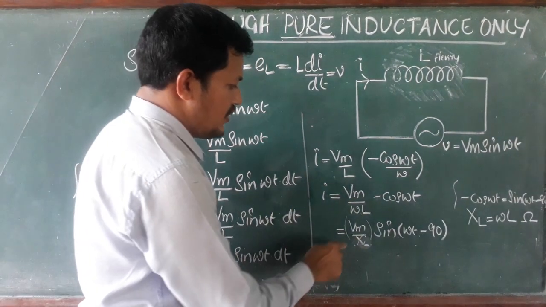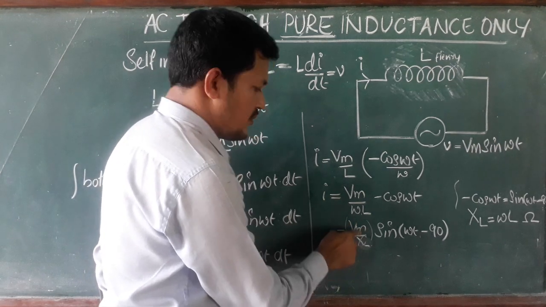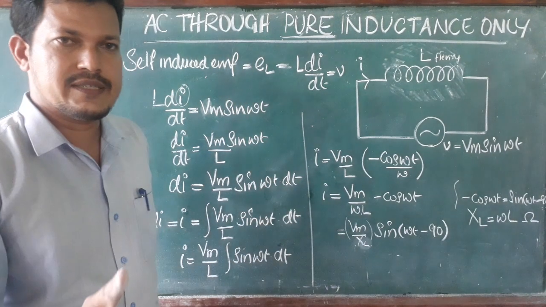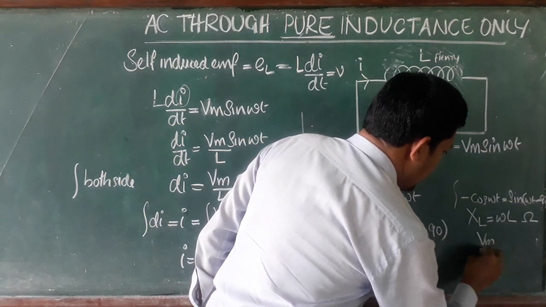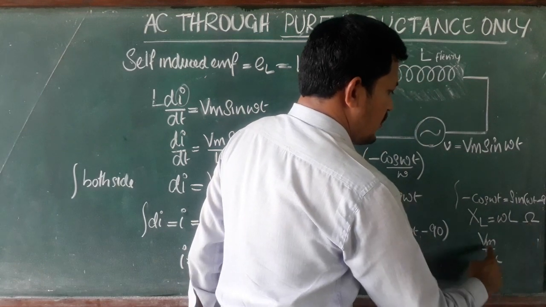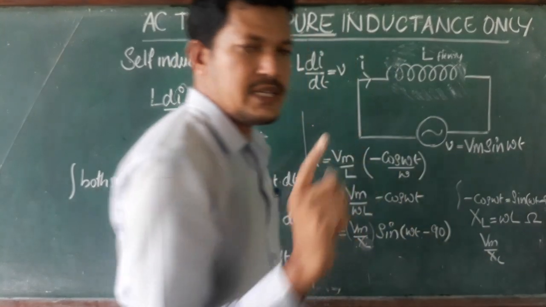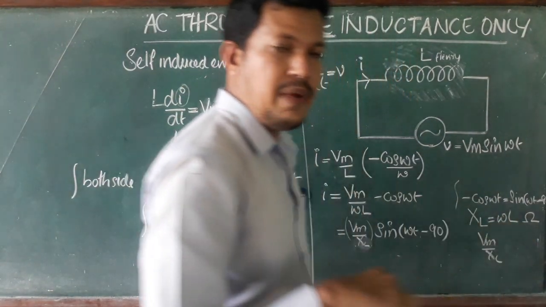Any voltage divided by resistance we know is current. So Vm by XL, where XL is measured in ohms, so voltage by ohm, voltage by resistance, means current. Maximum voltage gives maximum current.